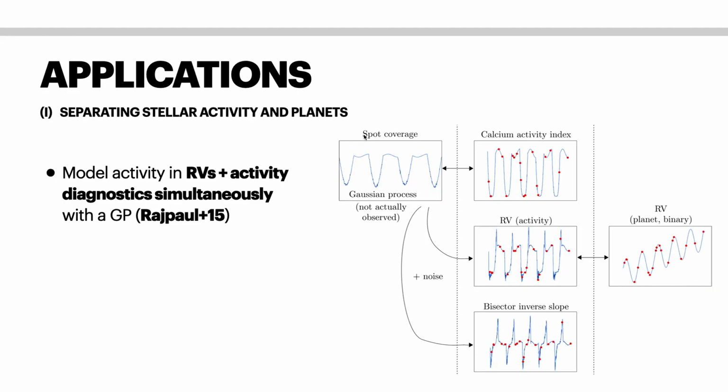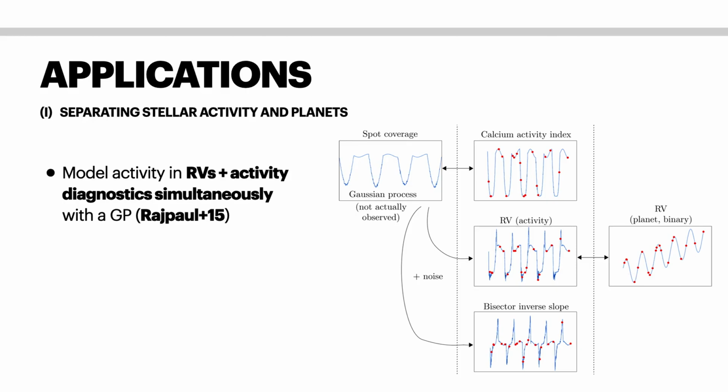We assume that there's some physical process responsible for activity that we don't observe, but that we can model with a GP. We then figure out how this process, this GP, will propagate into different observables, RVs being one of them, but also other time series that are sensitive to activity but not planets. For example, the spectroscopic activity indicators. We do allow planets to contribute signals to the RVs, but not the other time series.